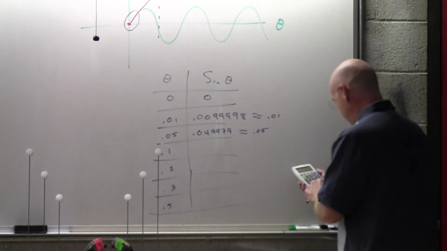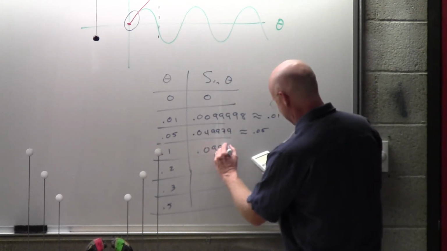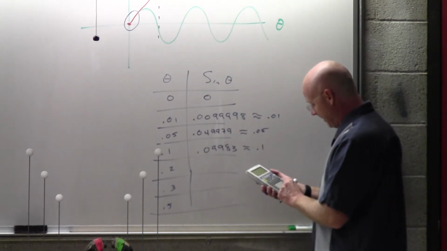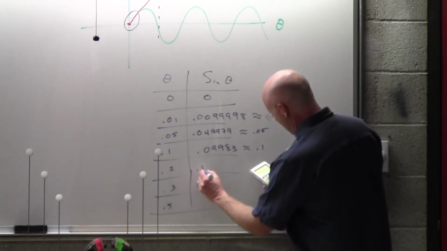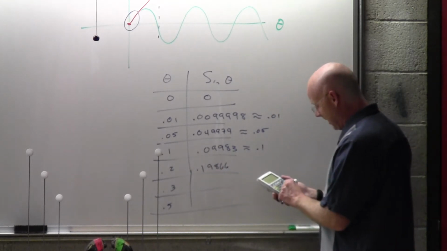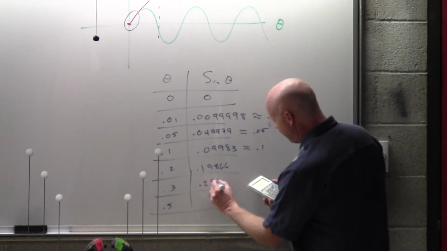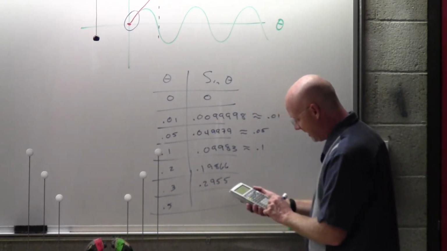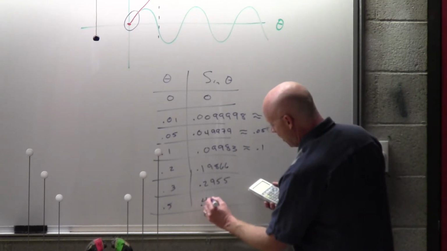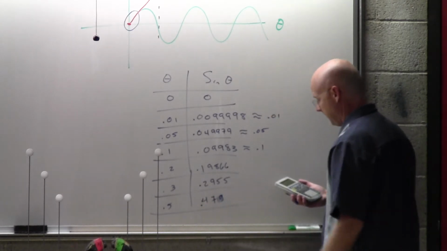If I go sine of 0.1, I get 0.09983. Again, very close to 0.1. Sine of 0.2 is 0.19866. Sine of 0.3 is 0.2955, and sine of 0.5 is 0.47994.